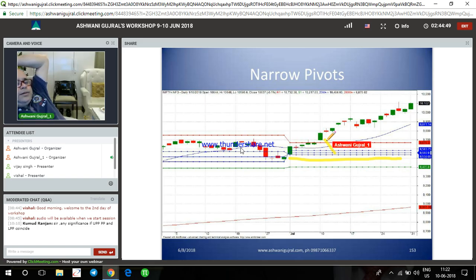Crossing of R1. Previous month, narrow range month. Hence, these pivots are narrow. Same thing. Once you get in, use your trade management. Update stops, adding, all that. No change at all.